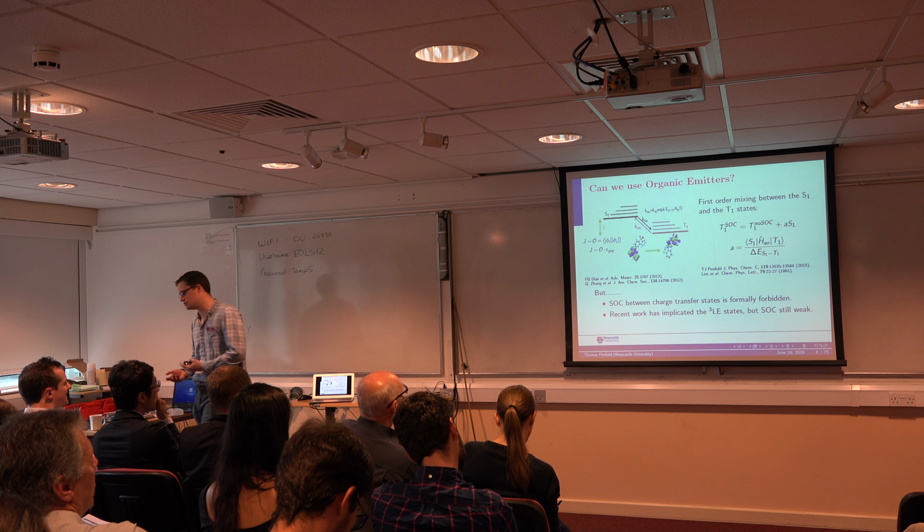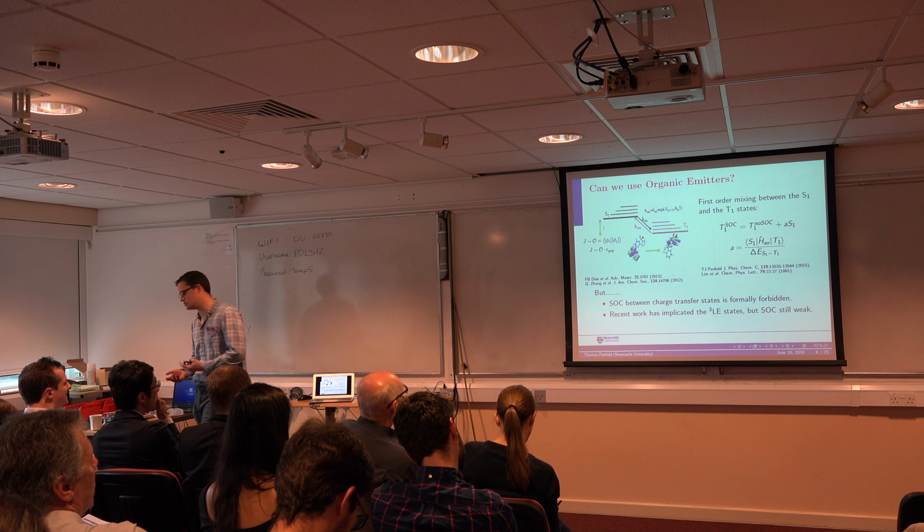If we look at first-order perturbation theory, then they'll mix with the close-lying S1 with the prefactor A. The prefactor is the value of the spin-orbit coupling divided by the energy gap. As this energy gap being small is already a requirement for delayed fluorescence, we can, as shown in the previous talks, get efficient reverse intersystem crossing without necessarily particularly large spin-orbit coupling.